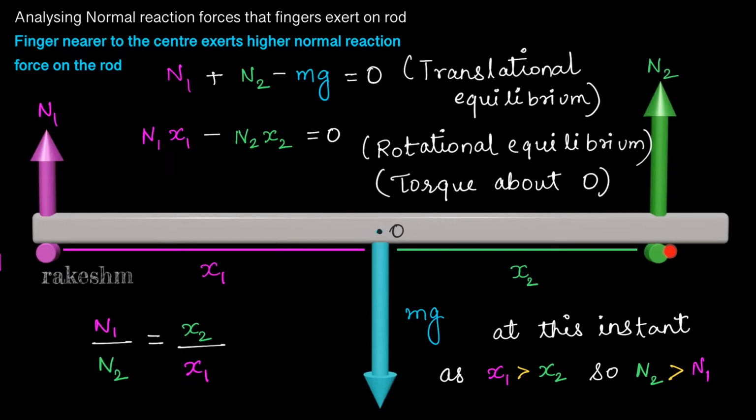You see that this finger is nearer to the center than this, so this will exert more normal reaction force on the rod than this. But one more important point is that the sum of these two must remain constant. The sum of these two must be mg, but whichever is nearer will be the greater force between these two. Let us now move the fingers and see how the magnitudes of these normal reaction forces are changing.